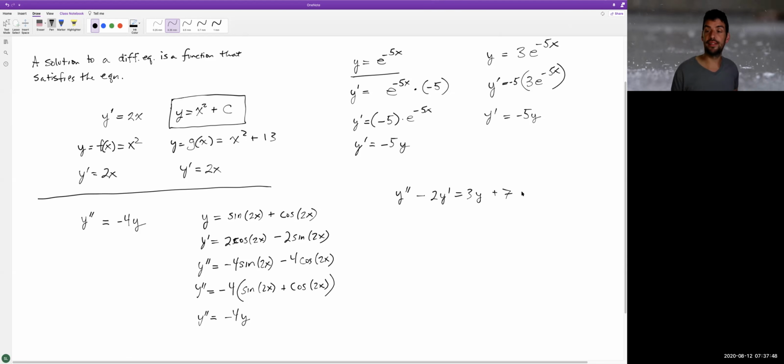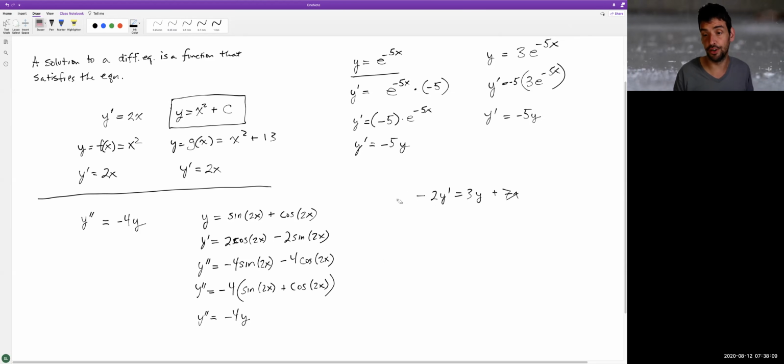And you'll learn some methods to solve this differential equation, and you can check your work by taking the first and second derivatives of your function and seeing if they're actually equivalent to each other, right? So we're doing that same idea of checking your work.